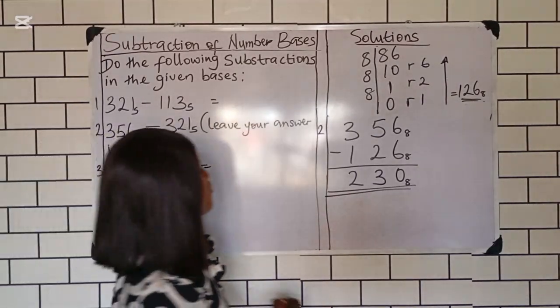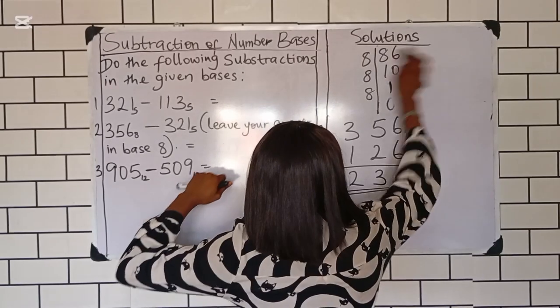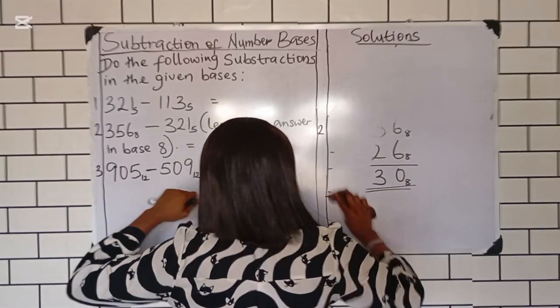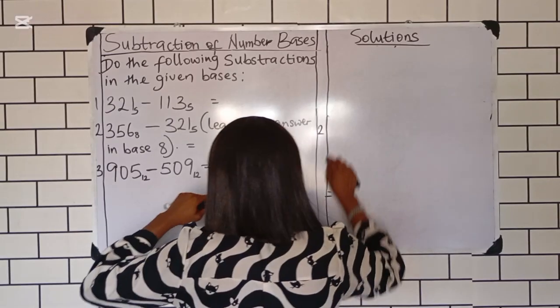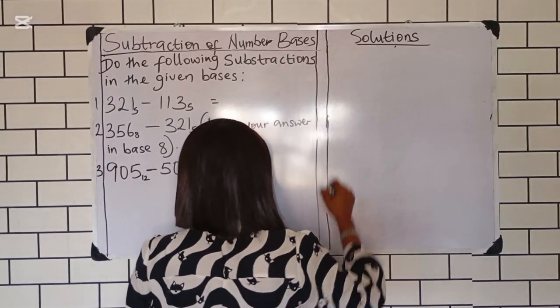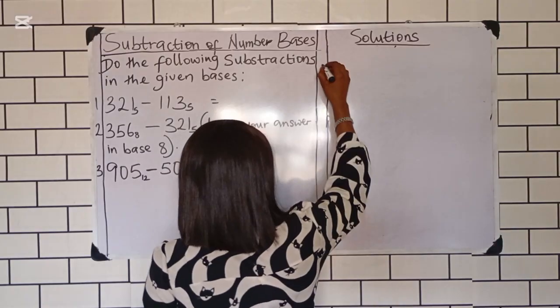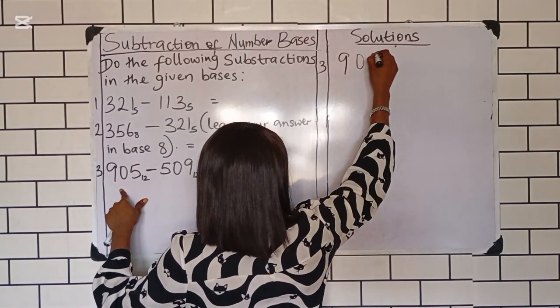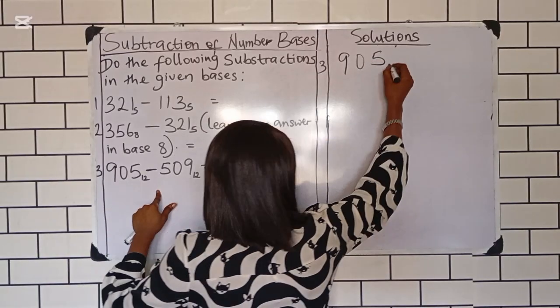Now, moving further to question number 3. Question number 3 here, we have our 905 in base 12.